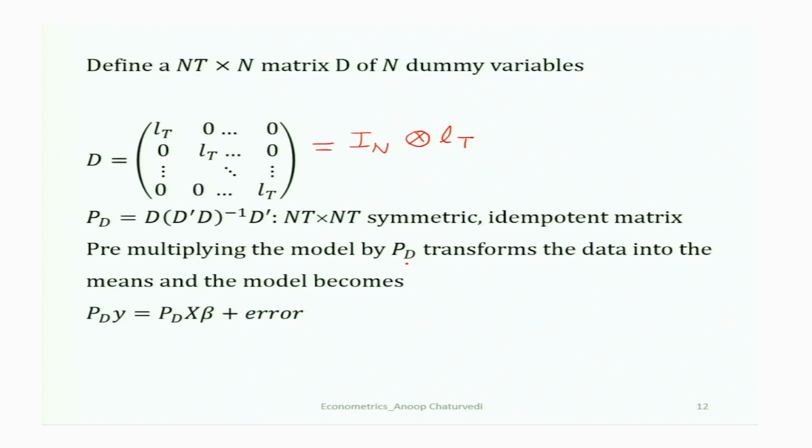Say if you pre-multiply this vector y by P_D, then this transforms the data into individual specific means. You get a vector with y 1 dot bar, y 2 dot bar, and so on.